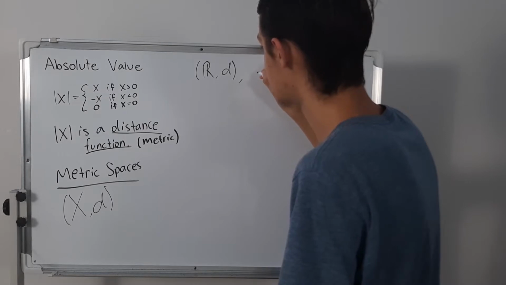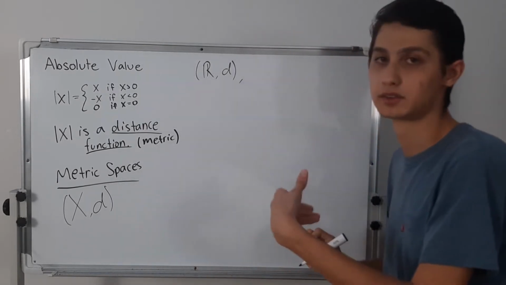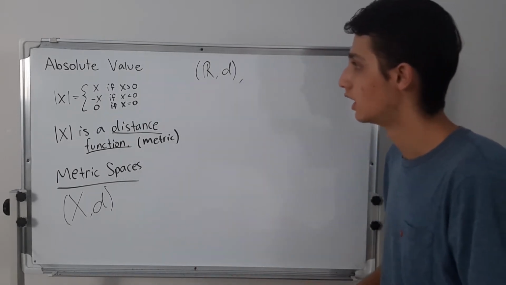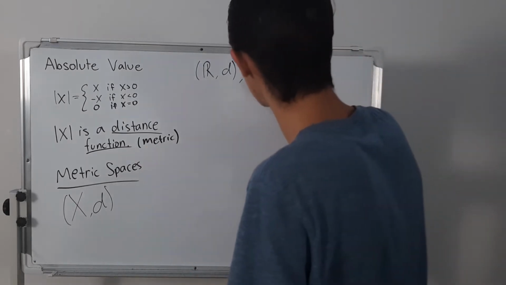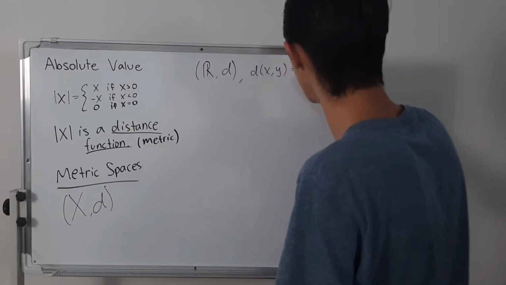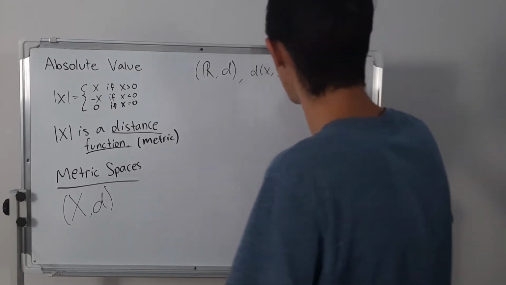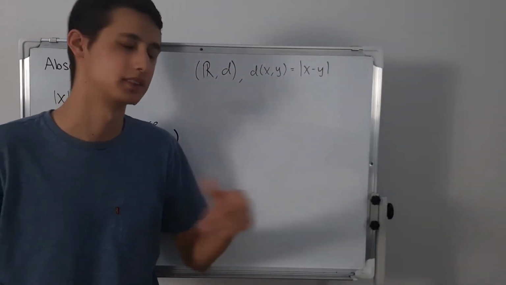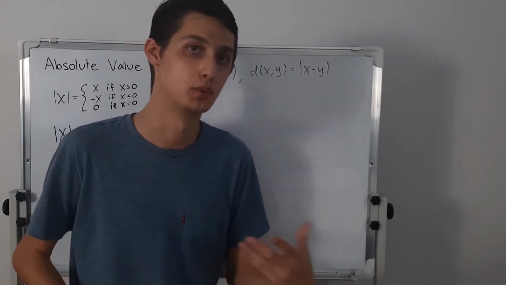Let me just write it down. The distance between x and y, which are two points, is equal to the absolute value of x minus y, or the absolute value of y minus x. It's not going to matter, and I'm going to show you why in a second.